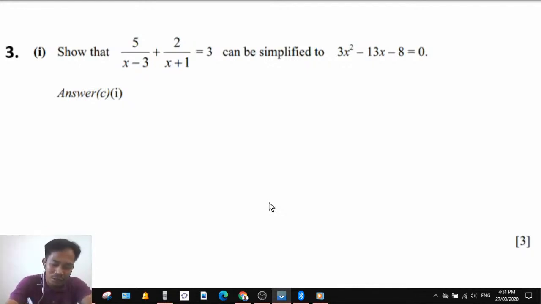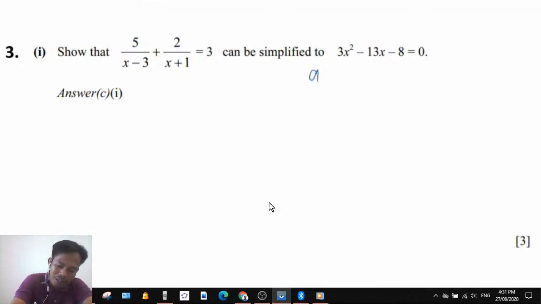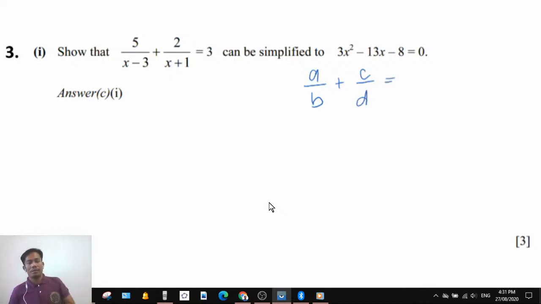Remember guys, I have taught you about this rule. I have a over b plus c over d is equal to AD plus BC over BD. Let's apply this to the left hand side of the equation so that we can simplify it and make it a single fraction.